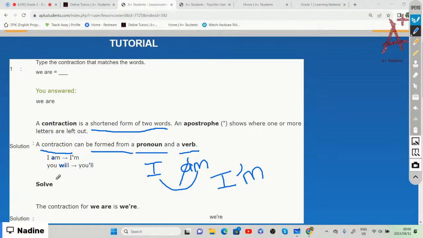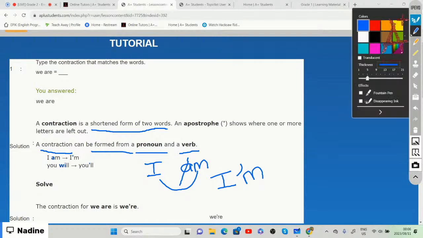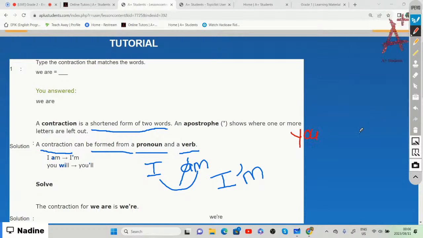For example, you will. We need to shorten these two words by putting them together, and whatever letters we leave out, we put the apostrophe to show the letters that we've left out.